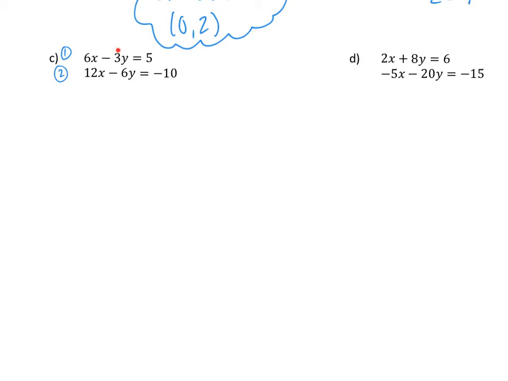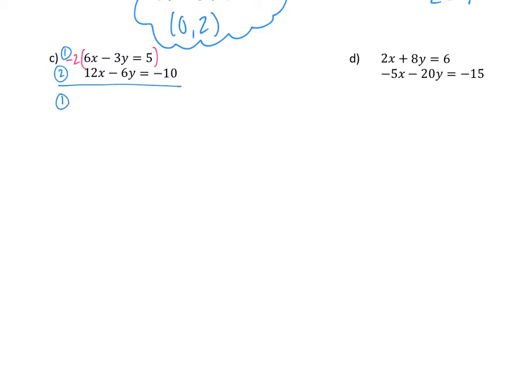But maybe I want to make the 3 and 6 both be 6. This one's a negative and this one's a negative, so I'm going to distribute a -2, so that way I can turn this guy to be a positive, and this guy can stay as a negative here.